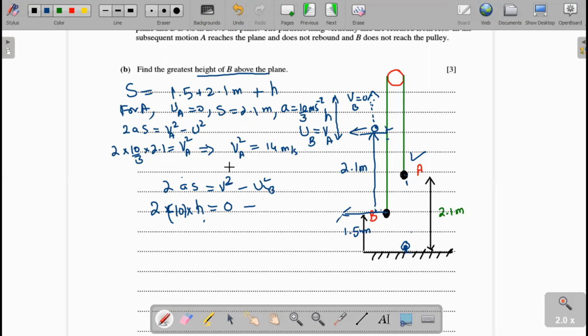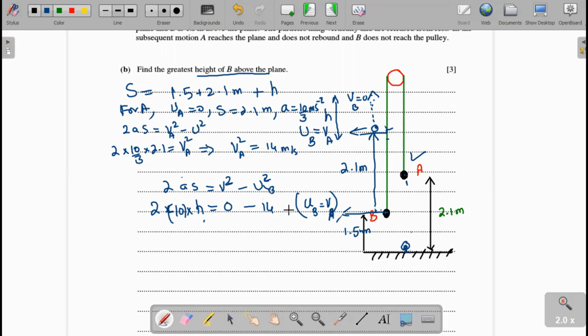Okay, now we put the value here because the initial speed of B is equal to the final speed of A when it strikes the Earth. Therefore, we can put this value here, 14. UB squared will be equal to 14 because UB equals VA.